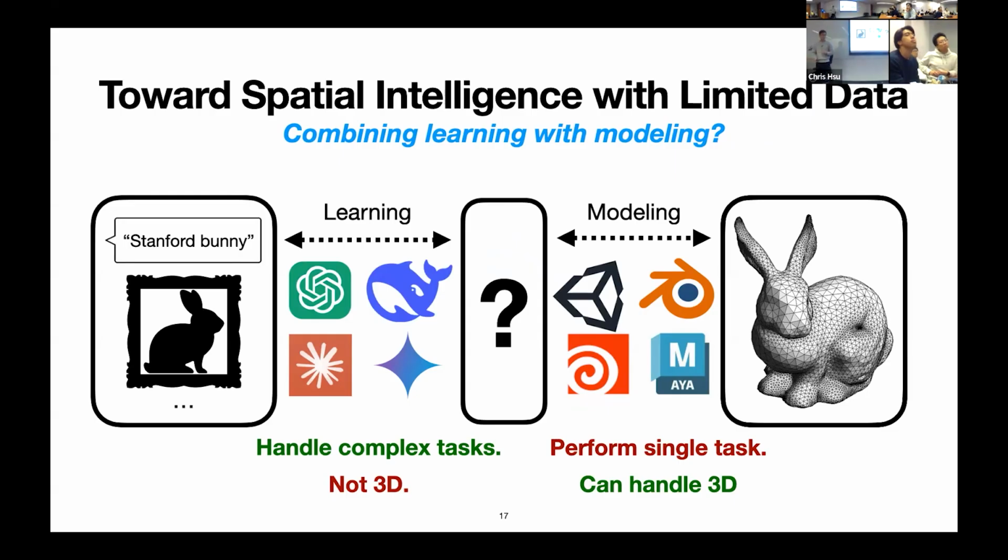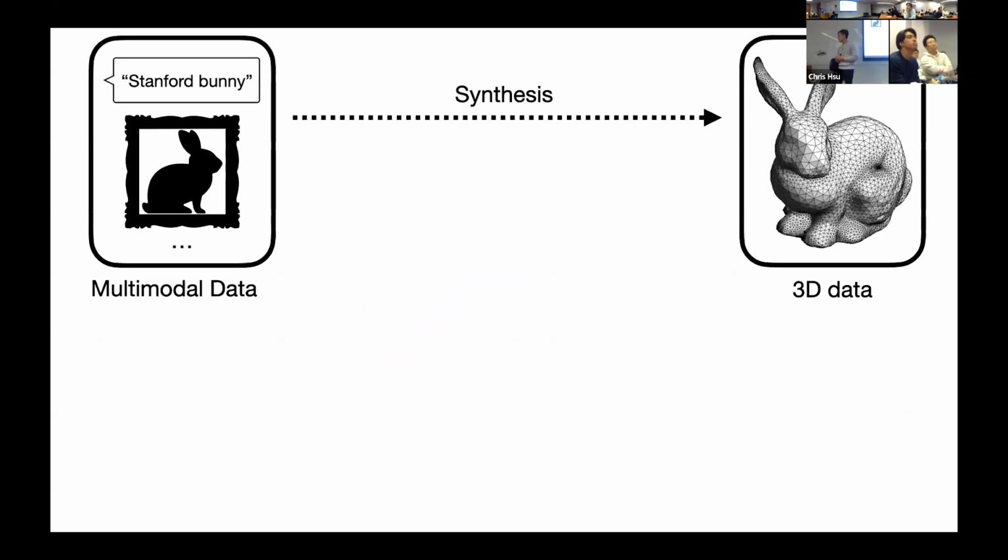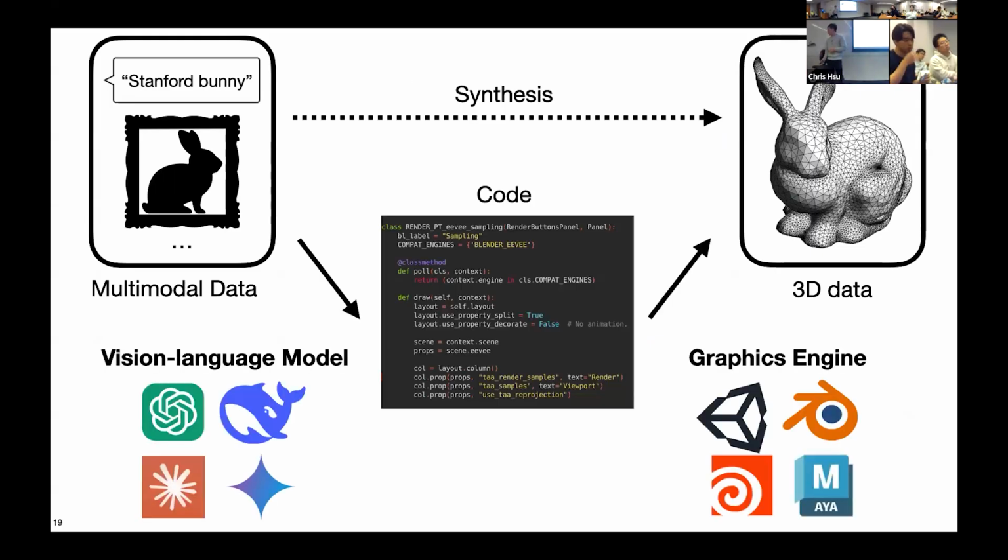In fact, I explore many different representations that are trying to connect the machine learning world and the computer graphics world. Today, I'm going to share one of the few explorations I've made. Let me show you at the high level. Imagine that I want to build a rather general analysis-synthesis pipeline, taking multimodal data like language and image and predicting 3D. What we know right now is that if we can write code in a graphics engine, imagine that you can write Blender code pretty well, we can run Blender to build us the 3D scene.